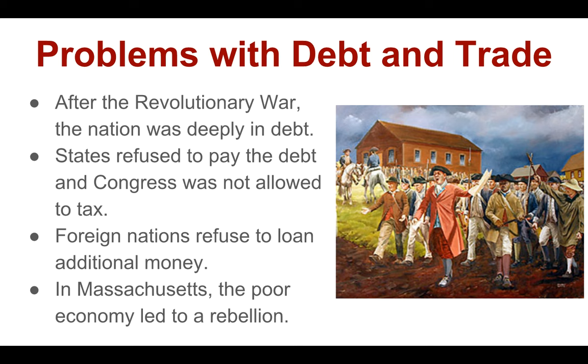And Congress was not allowed to tax. They couldn't raise money, so they couldn't pay off their national debt. And if you can't pay off your debts, nobody will loan you money. And Congress also couldn't raise new money. This was a very serious problem.